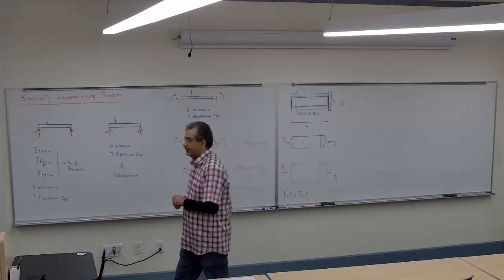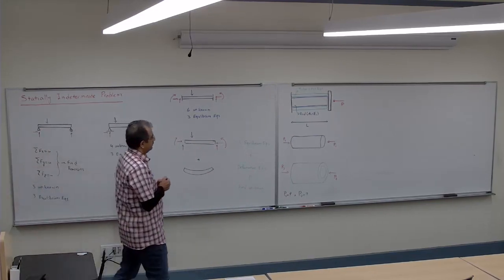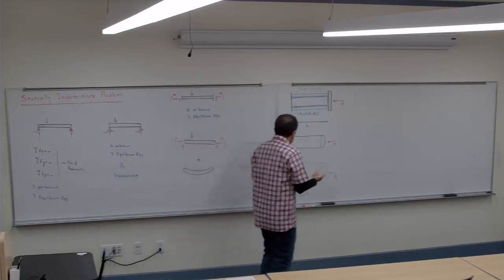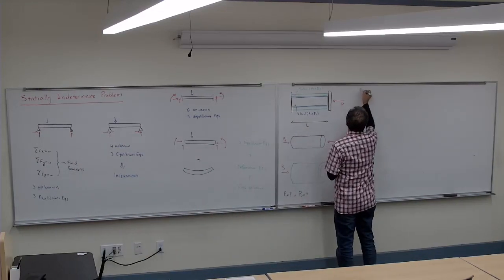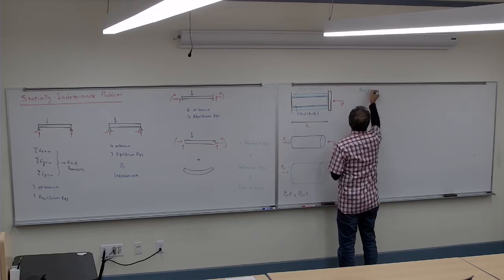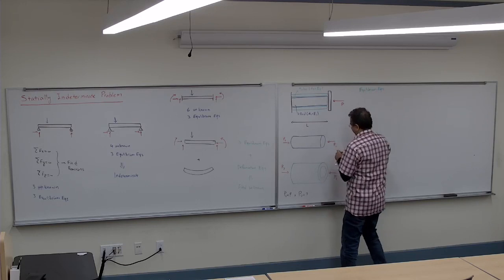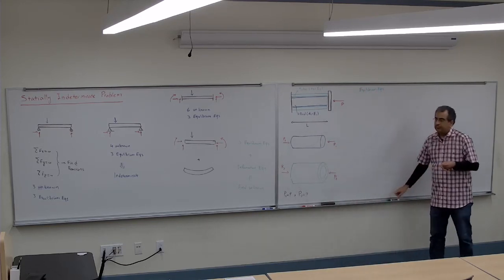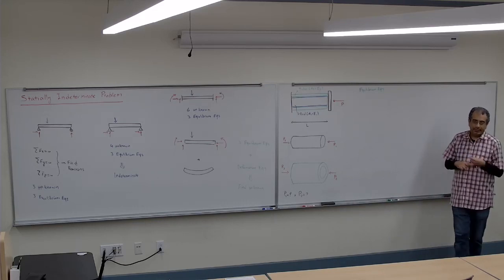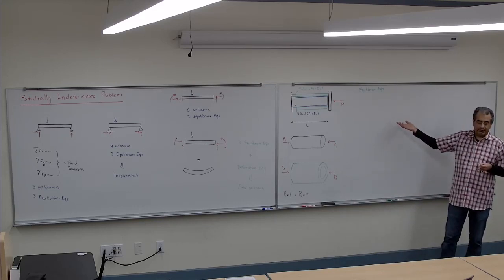Now if you look at here, the first one is the equilibrium equation. If I want to write the equilibrium equation, sigma Fy is 0 doesn't give me anything, correct?